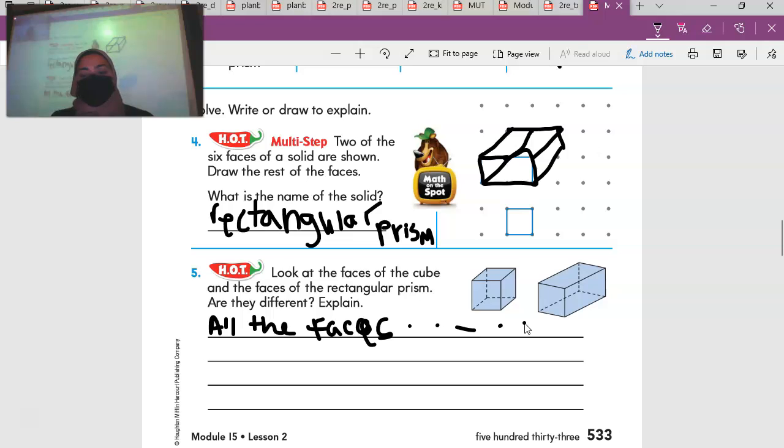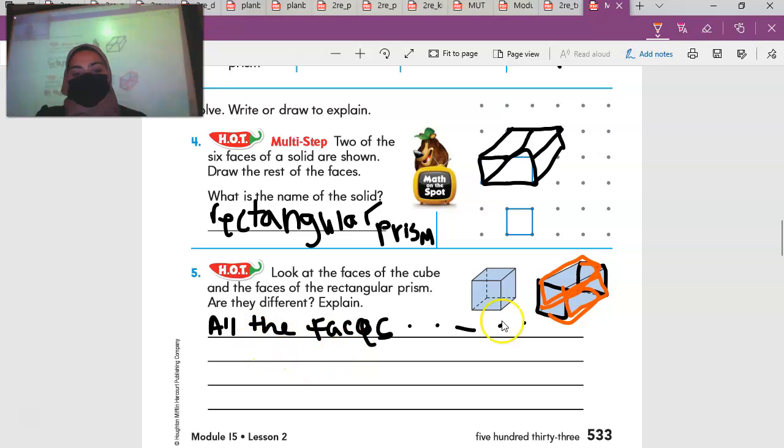A rectangular prism only has 2 square faces and 4 rectangular faces. 1, 2, 3, 4.